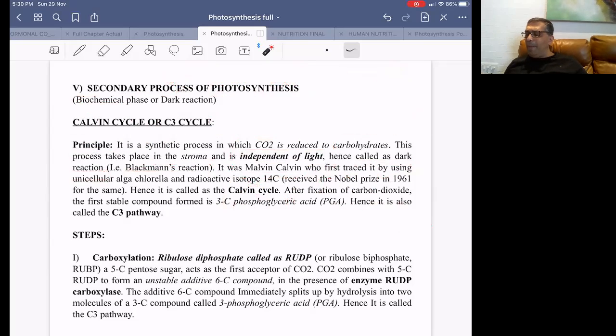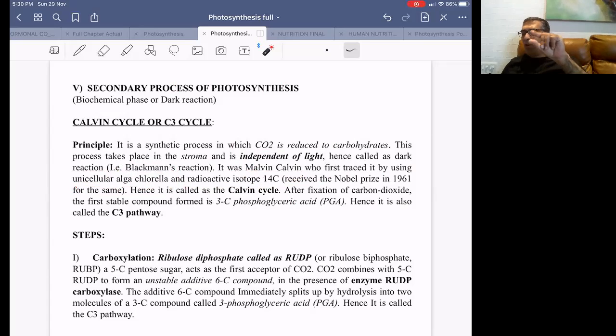And first of all, it was a scientist Melvin Calvin who traced it by using a unicellular algae chlorella and a radioactive isotope 14C. So Melvin Calvin put an isotope named 14C into the algae. If you remember, algae are excellent for photosynthesis. So what did Melvin Calvin do?